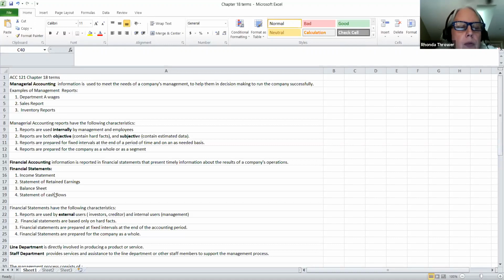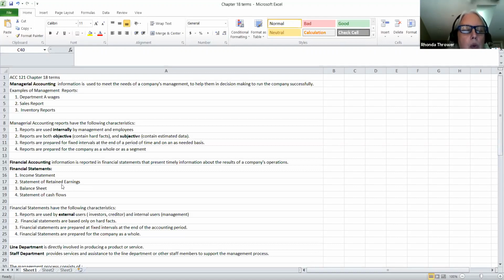If you're not familiar with corporate financial statements, the only difference between those and the proprietorship statements is basically that in a proprietorship statement, we'd have a statement of owner's equity and not a statement of retained earnings.